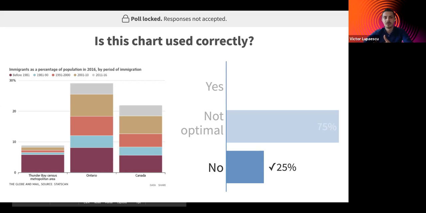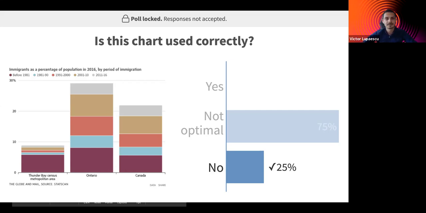So I'm missing labels. I can't really know if they are different or not. So I don't know if in Canada or Ontario, the percentage was higher between 2011 and 2016. Hopefully you got a glance into what I'm trying to get you to understand in this.